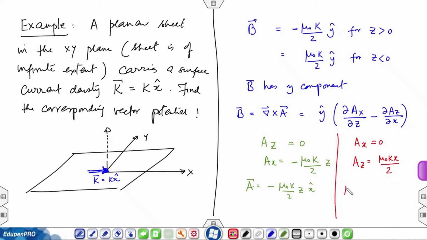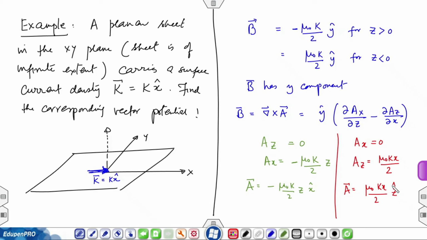So, that A will be given by mu naught k x by 2, and this is a z component, in the z direction. You can easily check that the two A's differ by the gradient of a function. I just wanted to give you a feel for A and to show you that there can be many different A's that give you the same B. I just calculated this using the B field.